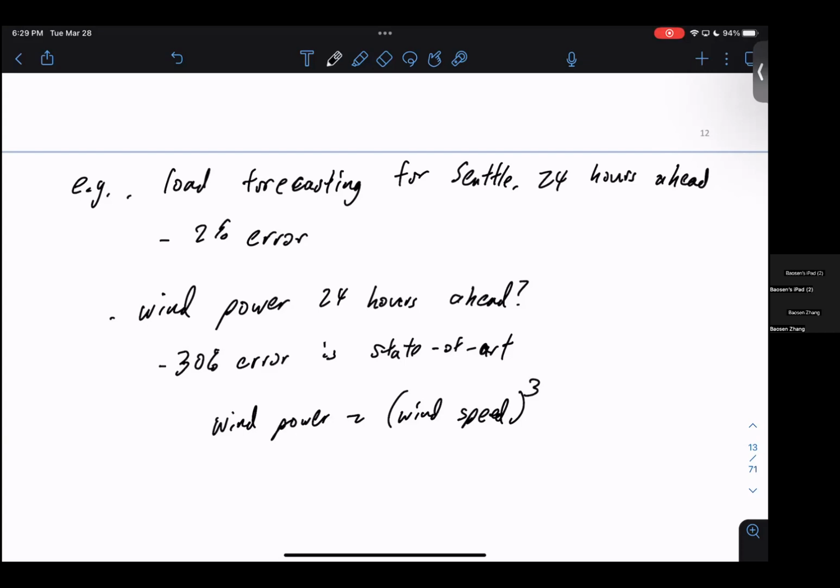And even load forecasting itself is becoming a lot more challenging. Before, all the forecasting you did was for a big enough city. You just forecast for an entire city. Now we want to forecast at the individual level, for an individual household.